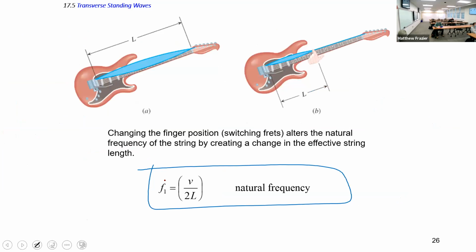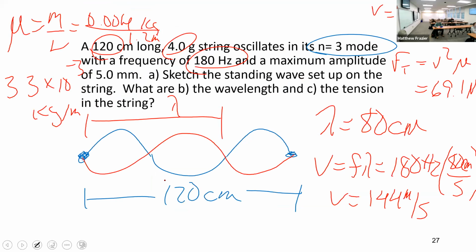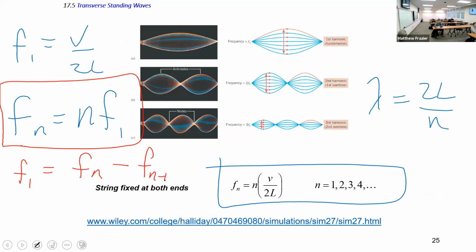So we talk about guitar. The idea is changing the length changes the natural frequency. So the frequency absolutely depends on the length. We worked through a problem where we specified exactly what mode of standing wave was on the string.